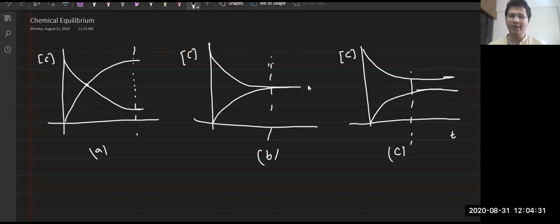What about C? C says that they will never be equal. The concentrations of reactant and product will never be equal. Equilibrium never says that concentrations should be equal. It just says the rate should be equal. Got it, everyone? I hope you understood all three graphs.